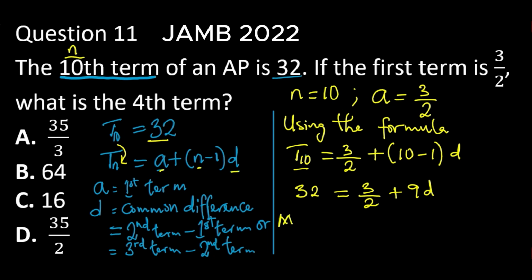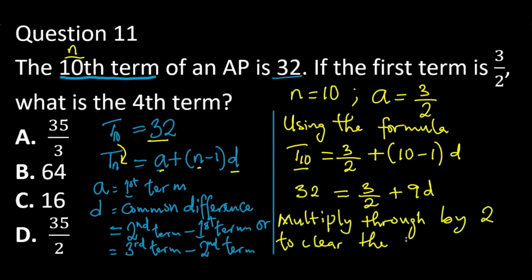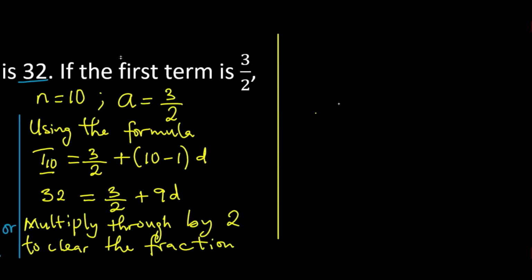We multiply through by the LCM of the denominator, which is 2, to clear the fraction. So 32 will multiply the 2, equals to 3 over 2 multiply the 2, and 9D will multiply the 2.